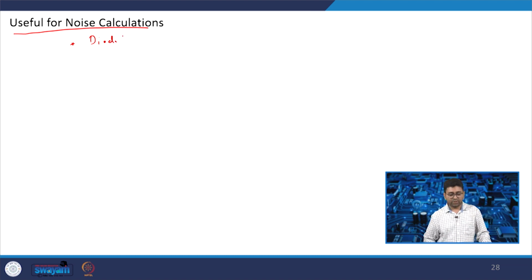In the diode, in the last class I already told what the dominant noise is, that is shot noise, and there is a series resistance also. So, series resistance, and then shot noise due to the direct current flow. We will try to derive the same.